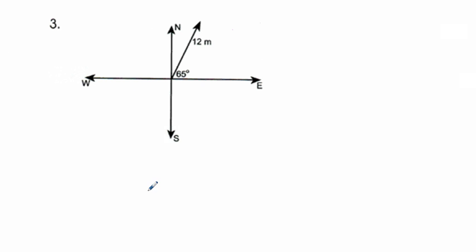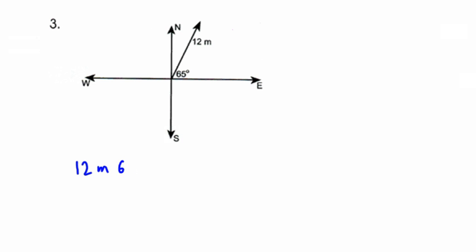Okay, we have 12 meters, that's the length of our vector, so we say 12 meters, and it's going to be of east because the angle is adjacent to this east axis, and it's going to be at 65 degrees.